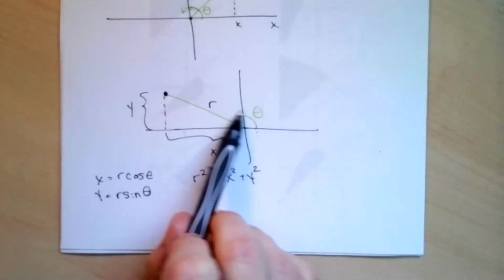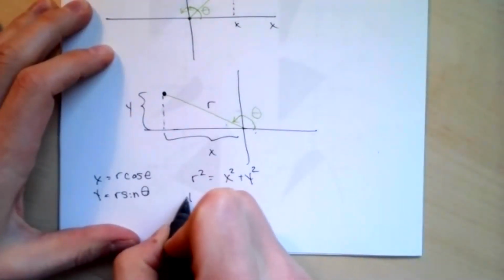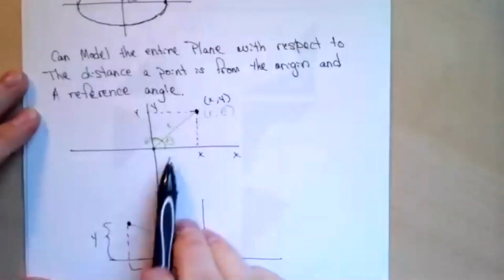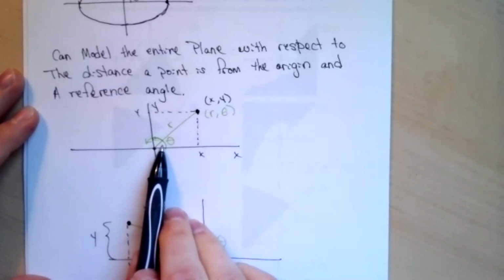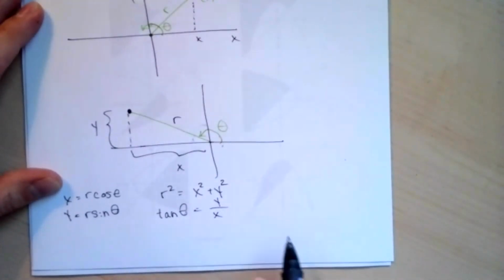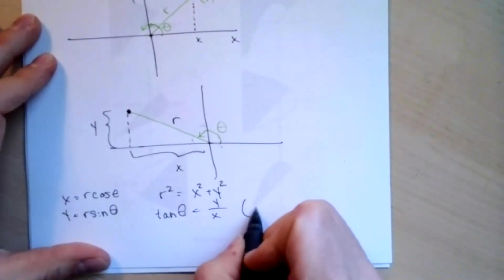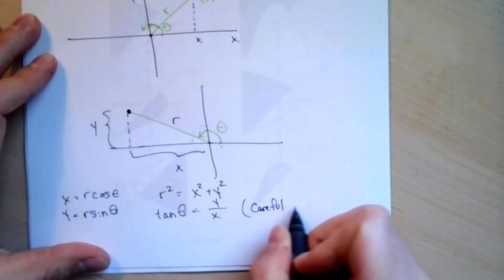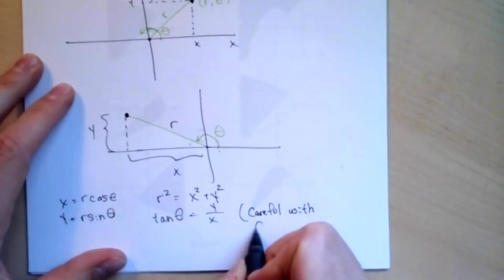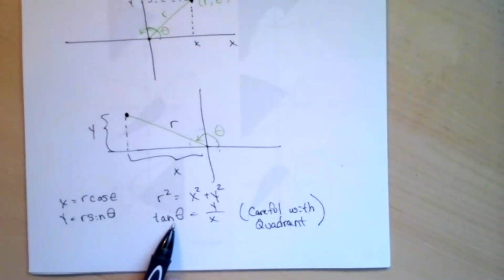And then the tricky one is going to be theta. So theta is going to satisfy an equation where we've got to use a trig function. In this picture, it's a little easier to see. If I take tangent of theta, we're going to get y over x. And that's going to be the case wherever theta is, but we do got to be careful here with this equation, and we want to be careful with which quadrant it's in. Because a lot of times when we solve this, I can't solve this for theta.